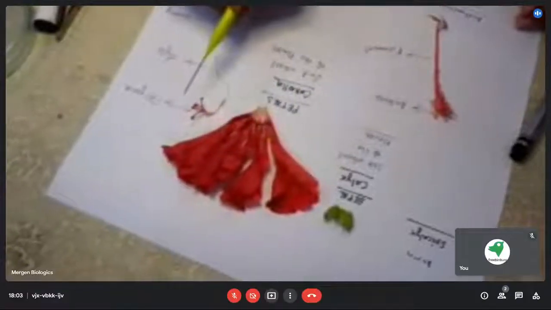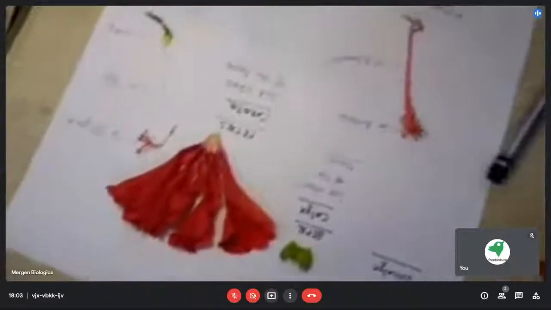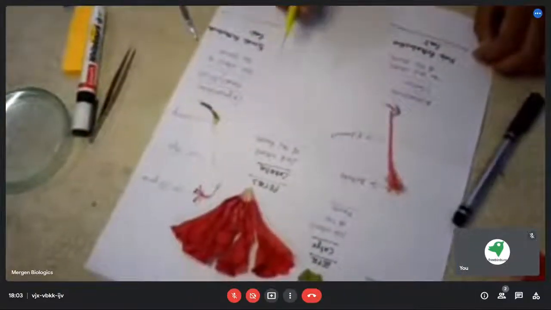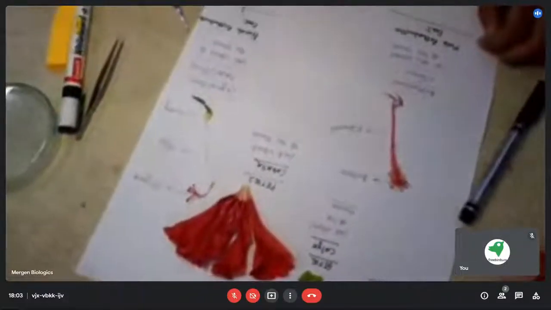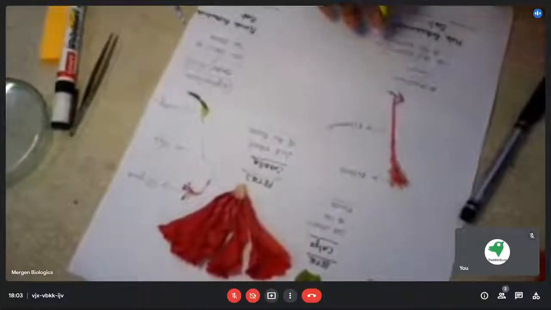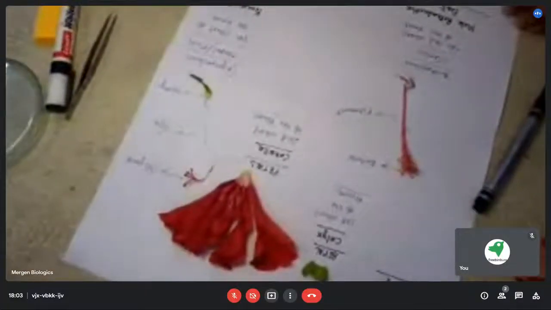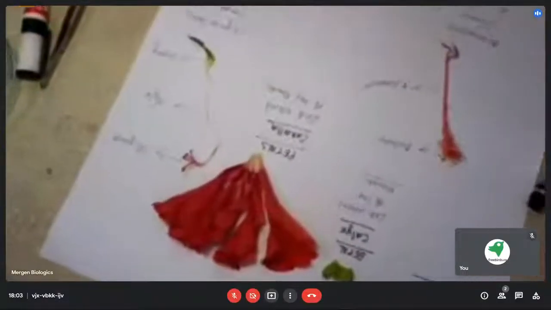This also may be another color, but this calyx, corolla, androecium, and gynoecium is the common thing in every flower. They need the sepals, corolla, male reproductive part, and female reproductive part to fulfill the whole process of pollination and then fertilization. These all have their own function in the whole reproductive system.